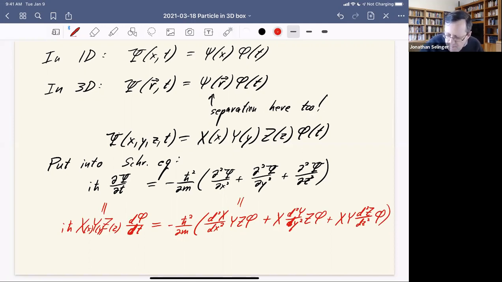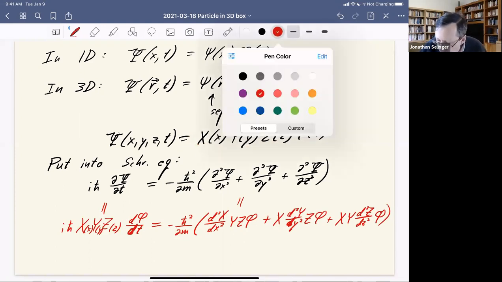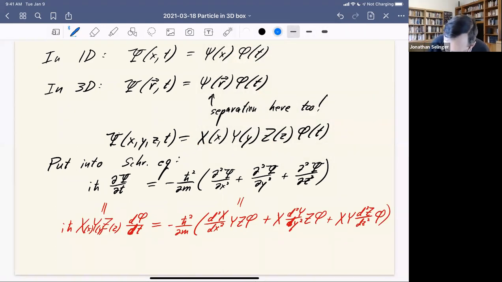Now, you remember the next step in the separation of variables trick. The next step is to divide through by this whole product. So let's do that. If I divide through every term by big X times big Y times big Z times big φ, I'll do that in every term.